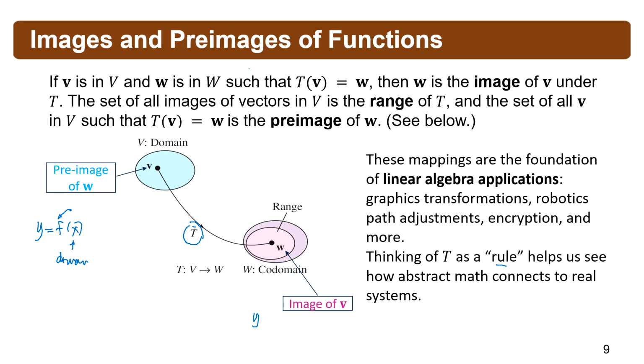For example, x squared minus 2x gives a parabola that opens upward. For us to get this image or figure, there is a rule that we have to follow. In the same way here, if we want to transform a vector into another vector, we will be using a rule. That is what we call the rule in the transformation. Okay.